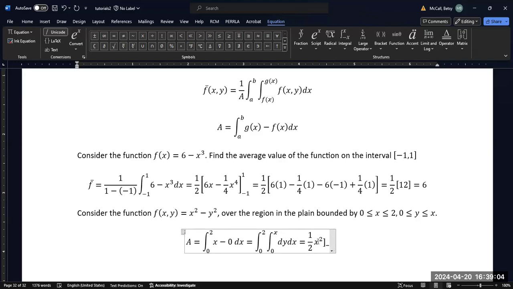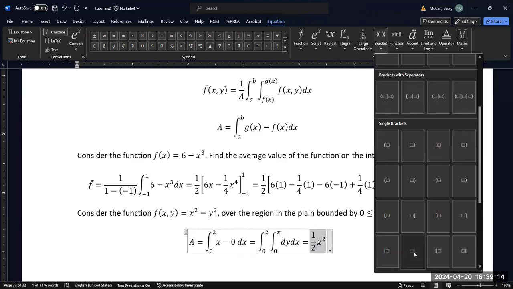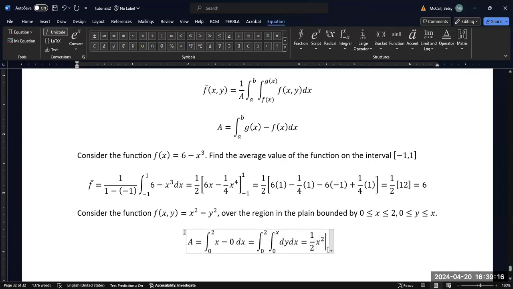And I'm going to integrate that from 0 to 2. Which is going to give me 2 squared is 4, divided by 2 is 2. So the area of this triangle is 2.